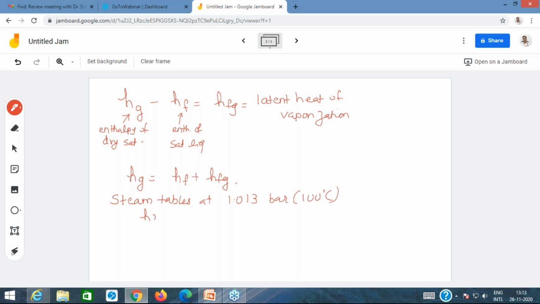You tell me the values of Hf, Hfg and Hg from your steam tables, either offline or online steam tables. If you are using them, you just write your names while you put down the answers in the questions column. Okay, tell me the value of Hf, Hfg and Hg from the steam tables.